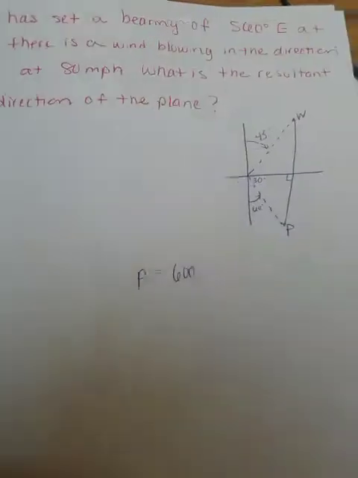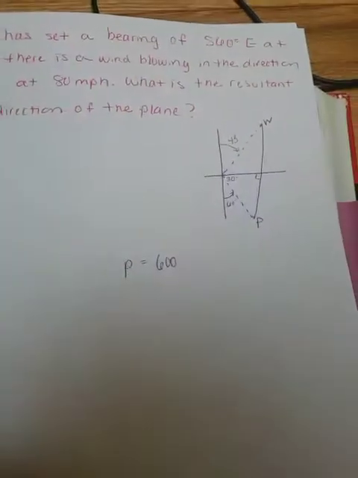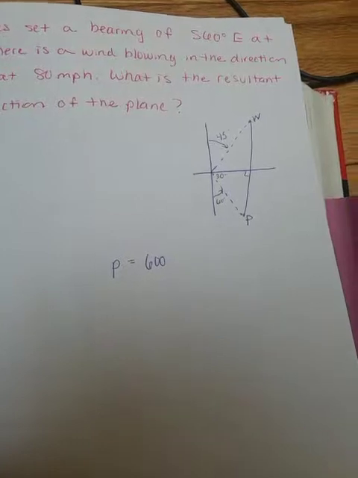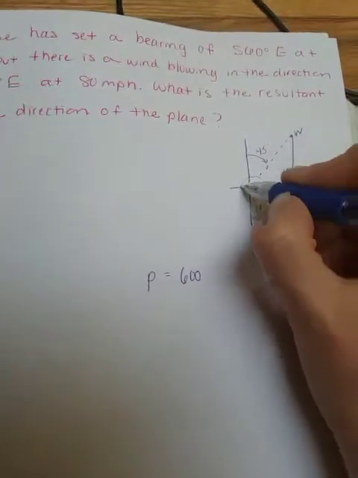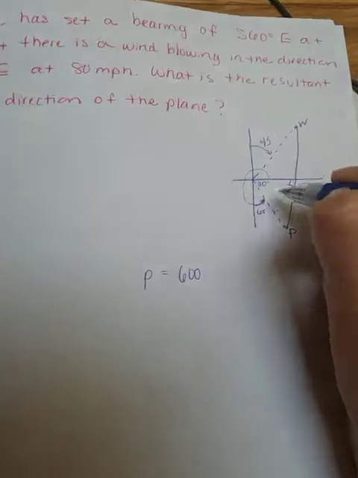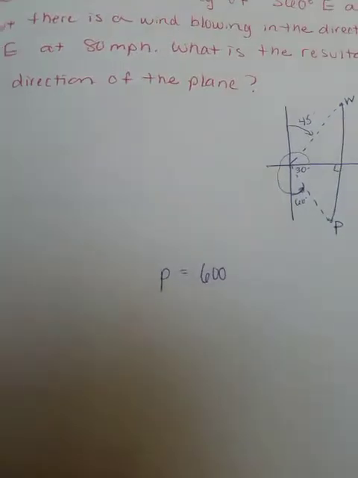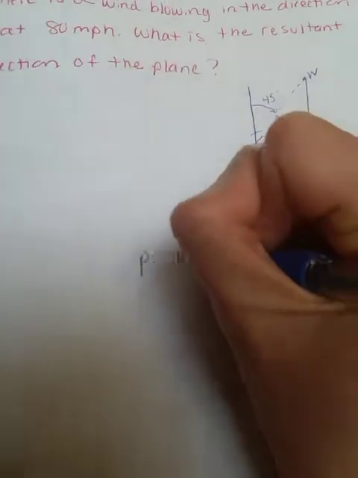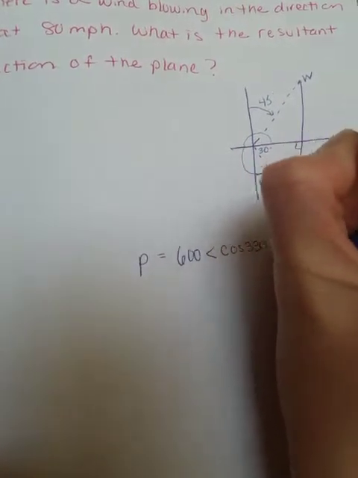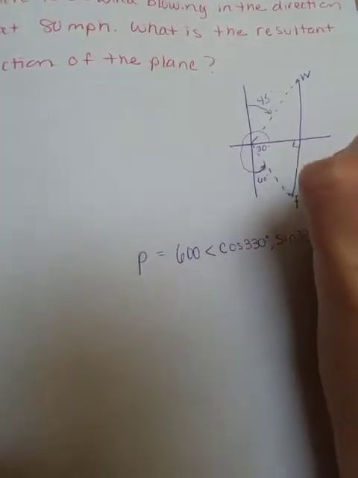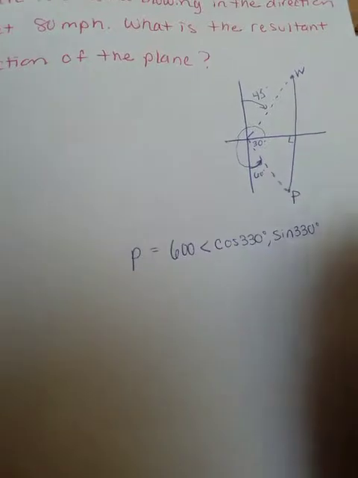All right, and now I need to bring in my theta. Remember, theta is in standard position, so I'd have to go all the way around like this. That would be your theta for this one, which is going to be 330. So I would have 600, and then cosine of 330 degrees, sine of 330 degrees.